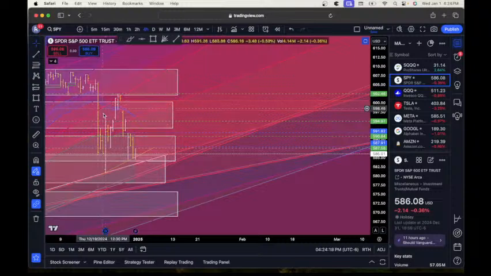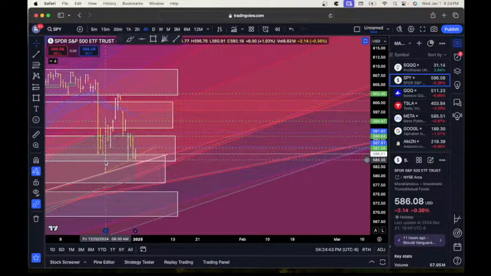But since whatever happened, I think it was the Jerome Powell speech, it didn't bounce here, and it finally bounced where it had an overlapping area, which showed stronger support. So you would have grabbed calls here each time, and you would have played it back to the upside for a day trade or a scalp.